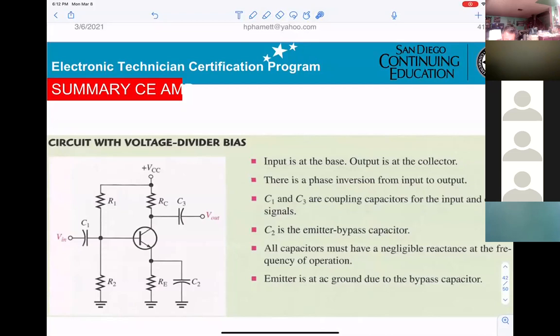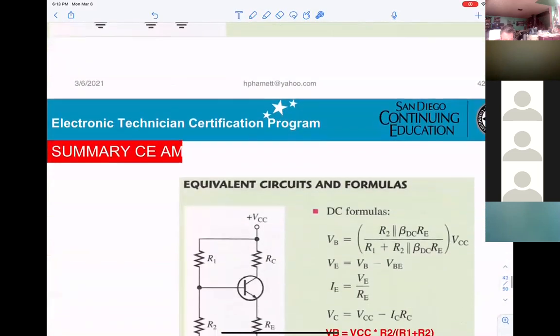C2 is the emitter bypass, that's C2 right here. All capacitors must have negligible reactance at the frequency of operation. The emitter is at AC ground due to the bypass capacitor. So when you keep reading over and over, you get to understand the common emitter.